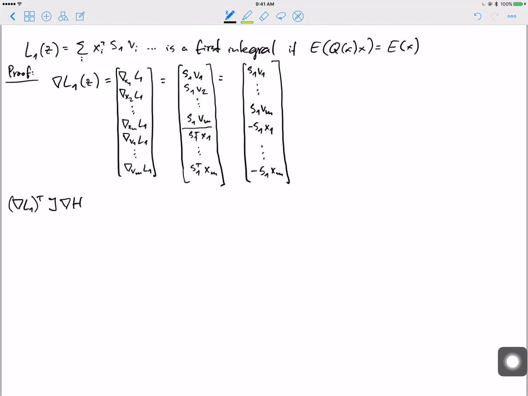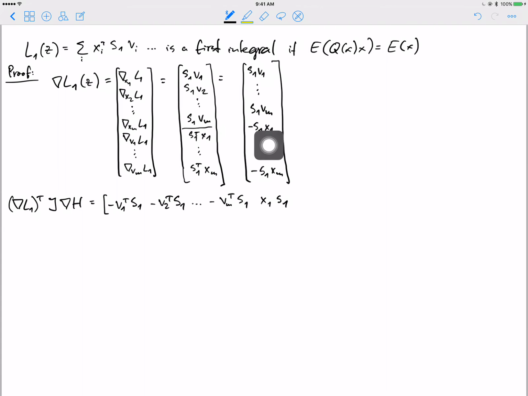So let's do that. If we transpose the gradient, then s1 v1 transposes to v1 transposed s1 transposed. We know already that s1 transposed is nothing but minus s1, so I can write this as minus v1 transposed s1. Then I will have minus v2 transposed s1 and so on up to minus vm transposed s1. And then the same thing with the x's, so that will be x1 transposed s1.